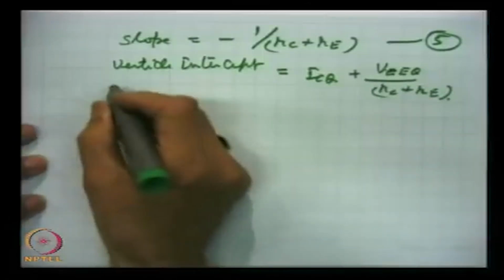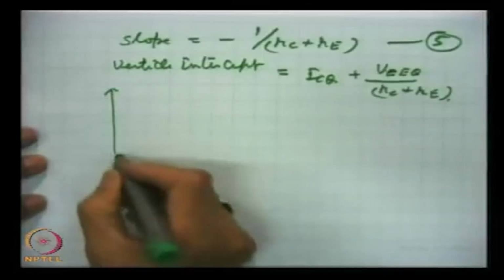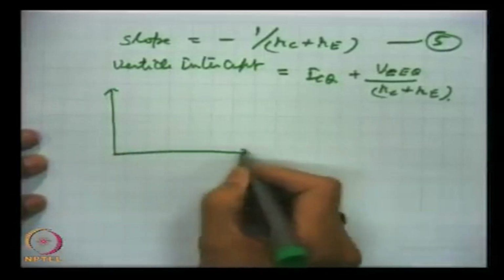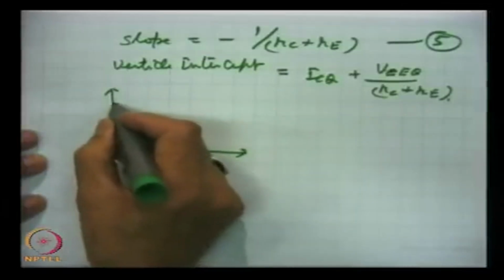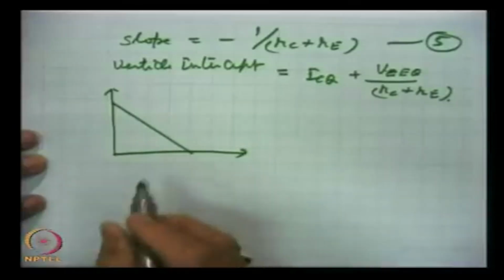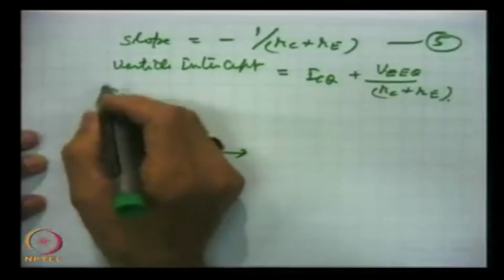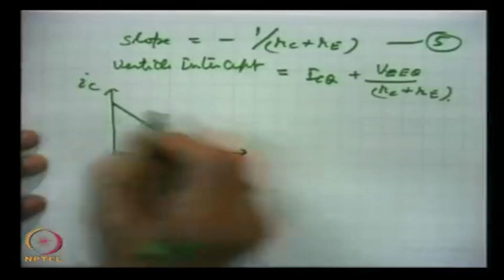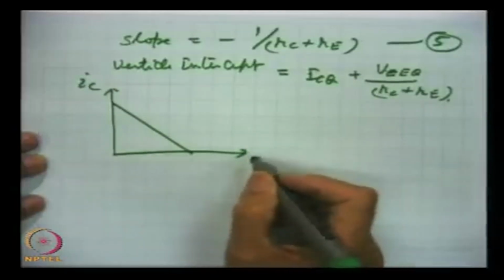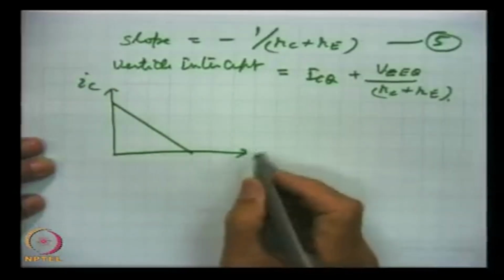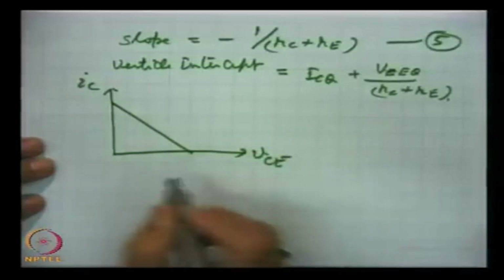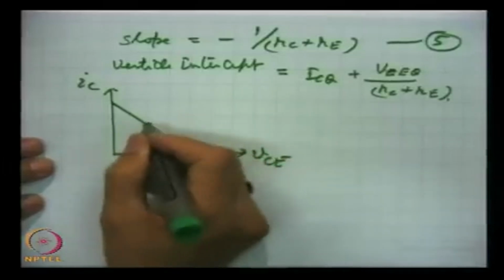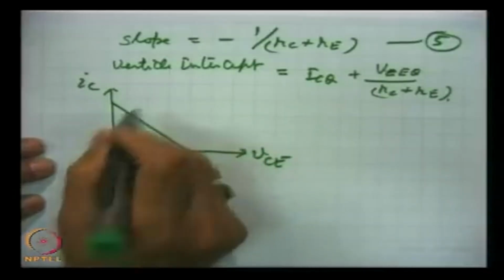We plot this. This is to be finally plotted on the output characteristics, but this is the AC load line, where this is IC and this is VCE, and the operating point we will talk about a little later.